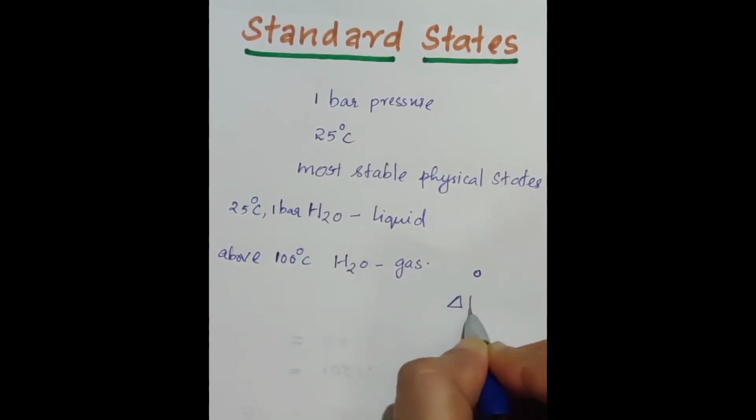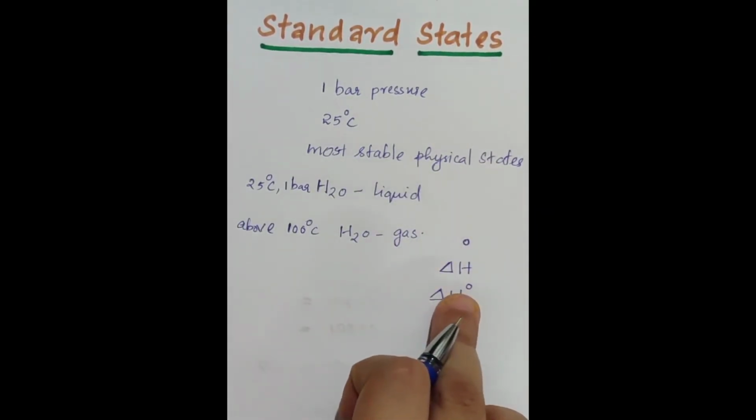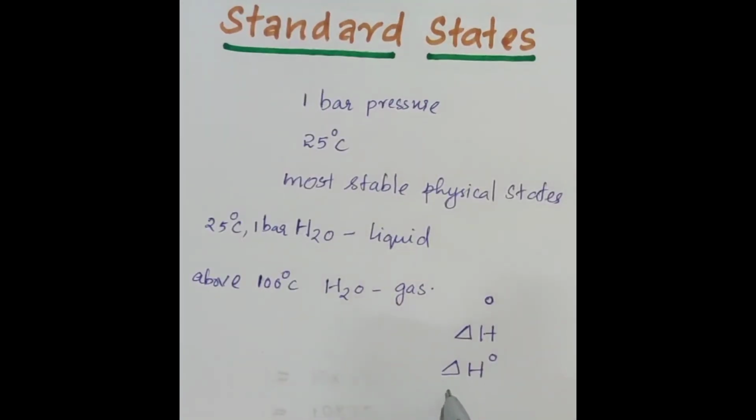The standard enthalpy of a reaction can be represented by putting a superscript here. If it is Gibbs free energy change, delta G, the standard Gibbs free energy change is represented by putting a superscript like this.